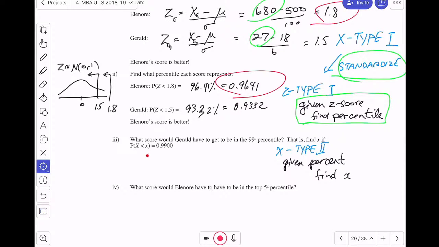I want to know the X value for which 99% of people are below it for Gerald. So what score should Gerald have to be in the 99th percentile?